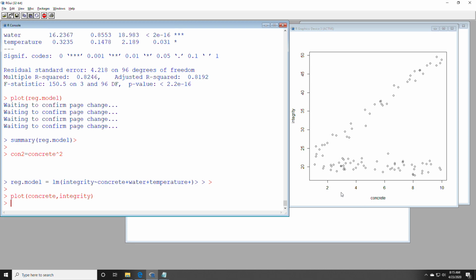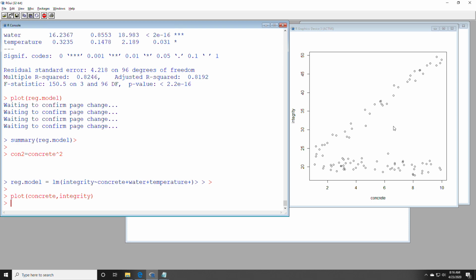When water is added, then it is natural that the thicker the concrete foundation, the more integrity the foundation has. But for all of these points, water wasn't added, so it doesn't matter how thick the concrete was. The integrity is about the same because it's a bunch of useless rubble, a bunch of useless powder, okay?